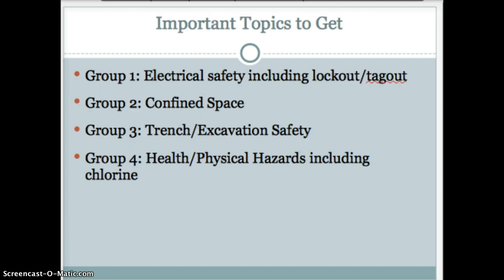And then the next activity is group 1, where you find the 5 most important things to know. In your 4 groups, you'll each be assigned one of these 4 categories: electrical safety, including lockout tagout, confined space, trench and excavation safety, and then health and physical hazards, including chlorine.